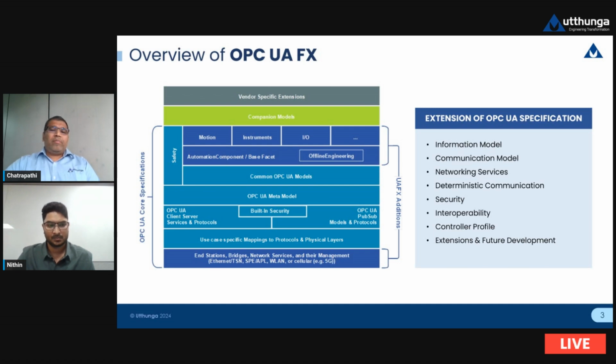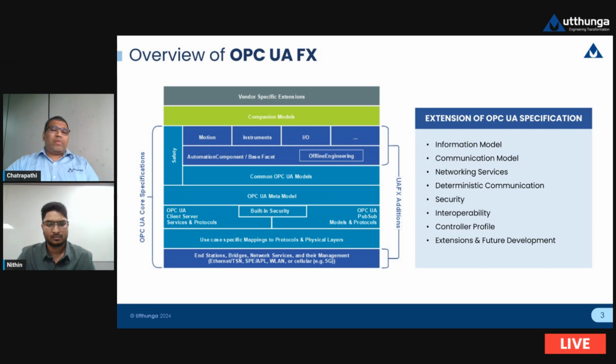A lot of early adopters of OPC UA FX are doing rigorous interoperability testing by attending different plug fests and other events. They are building prototypes and demos where devices and implementations from multiple vendors are being integrated and showcased as well.